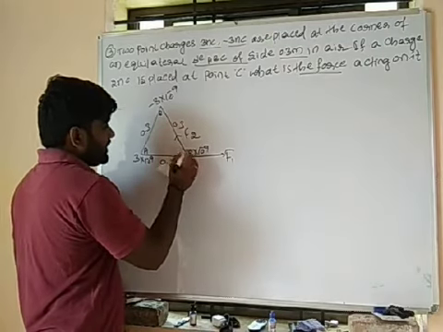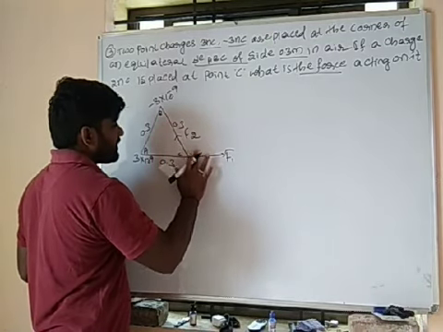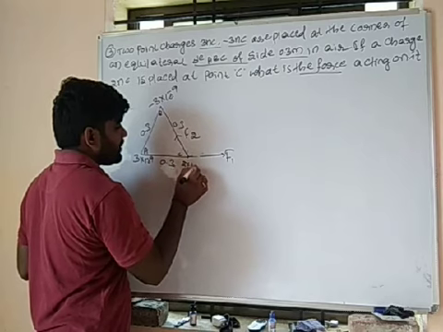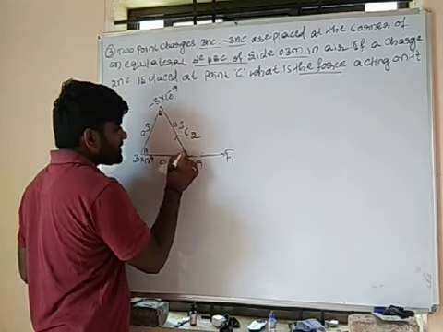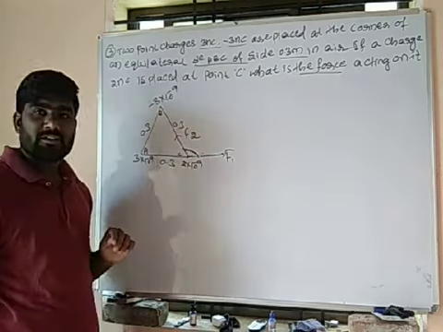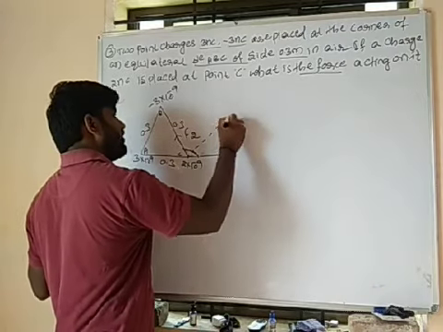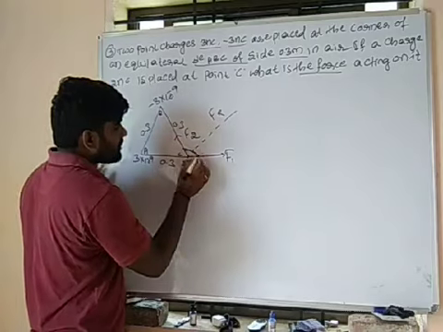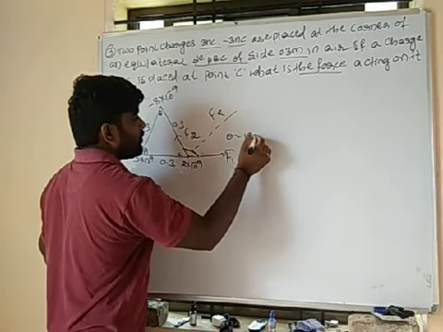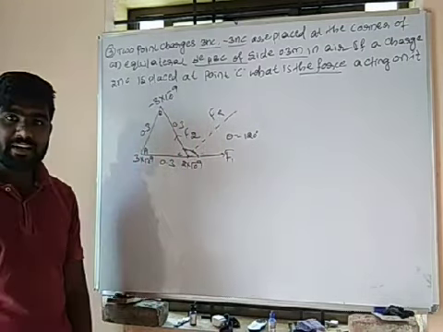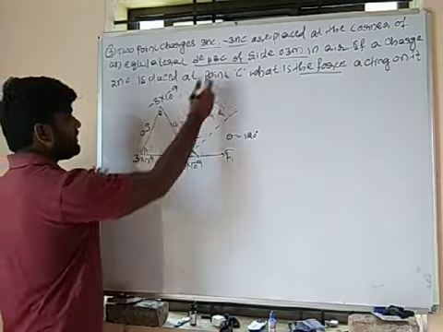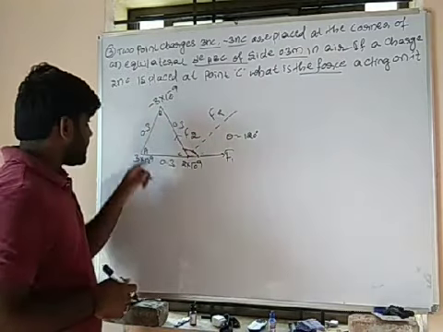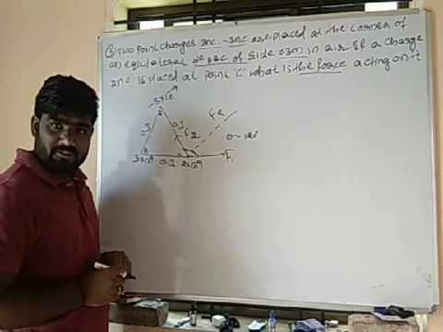So the angle between these two must be, see here I am keeping 2 into 10 to the power minus 9. What is the angle between these two? So at this point I want to calculate F of R. So the angle theta is equal to 120 degree. Then find out this. So see here one more thing. Is F1 equal to F2 here?